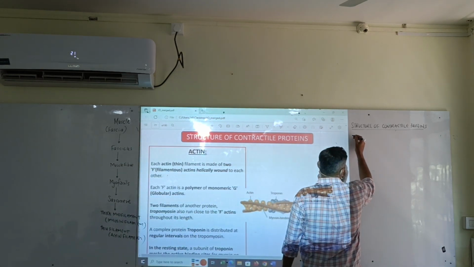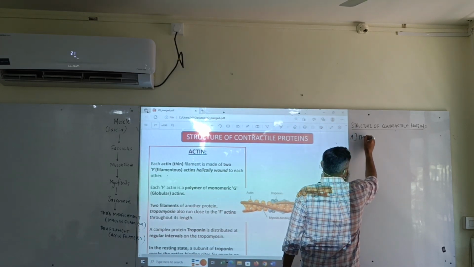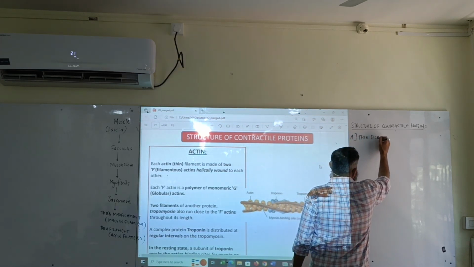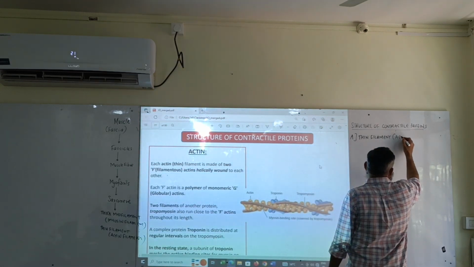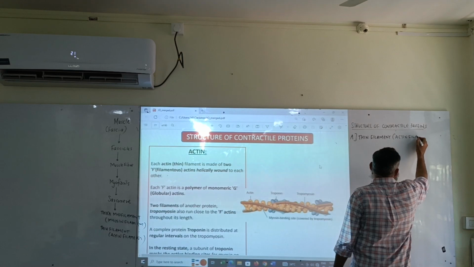The thin filament is called the actin filament.